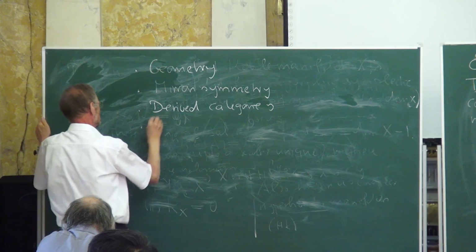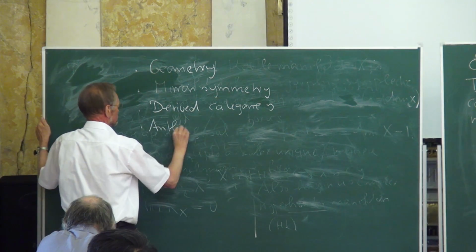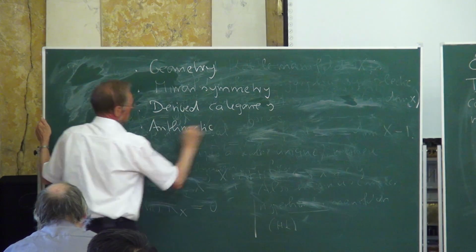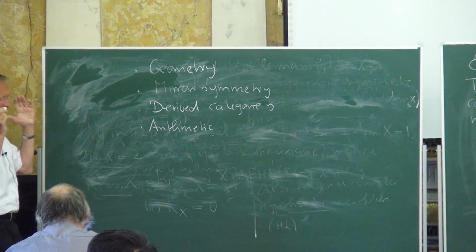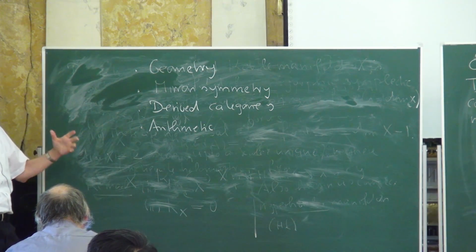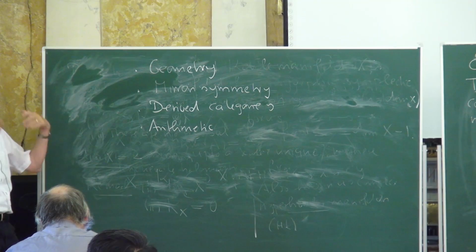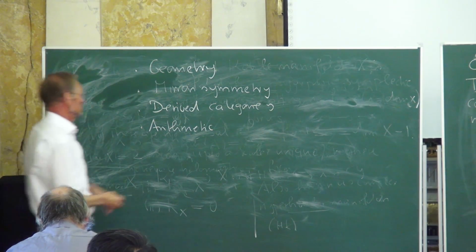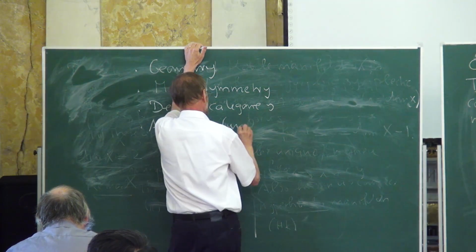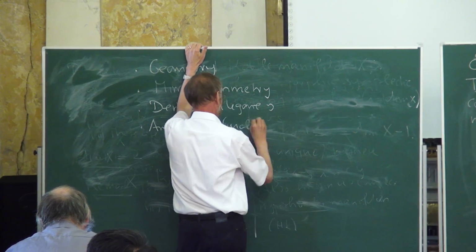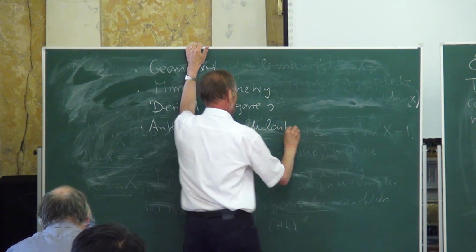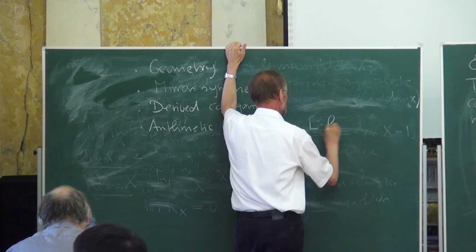And then there are arithmetic aspects. So arithmetic aspects could be that, say, you have this variety over the rationals, over the integers, you start counting points, and then you can ask questions about modularity, about L functions.